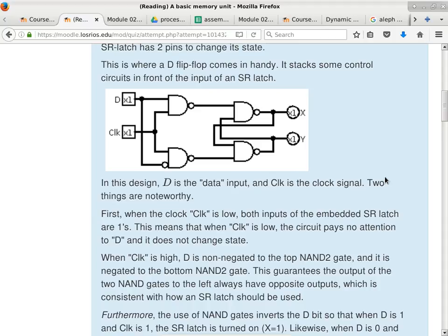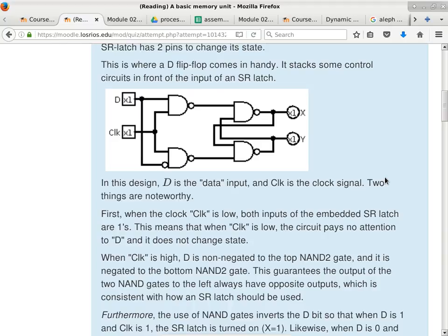What if D is flip-flopping between zeros and ones like crazy when CLK is a 0? What's going to happen to the SR latch? What's going to happen to the output X and Y? Absolutely nothing, right? Because when CLK is a 0, it guarantees that the output of the two NAND gates on the left-hand side are going to be ones.